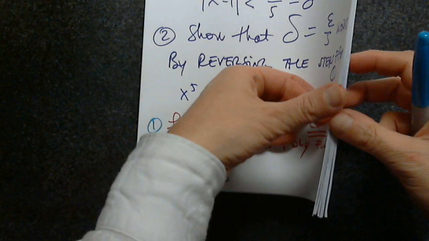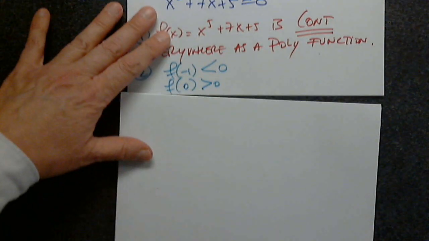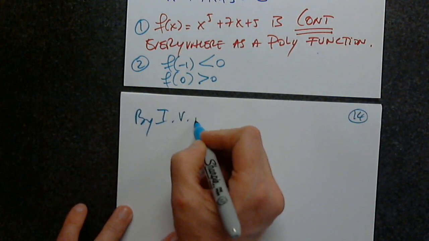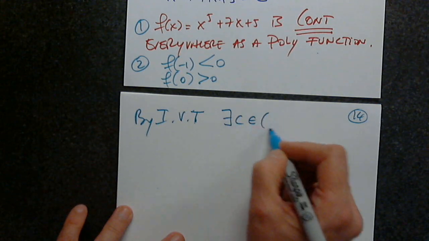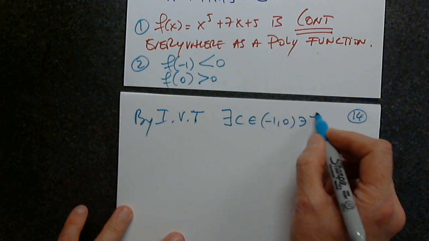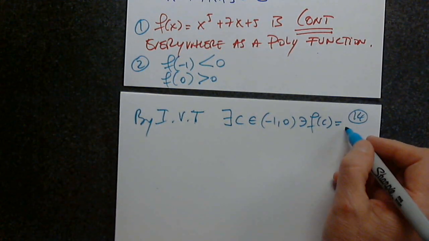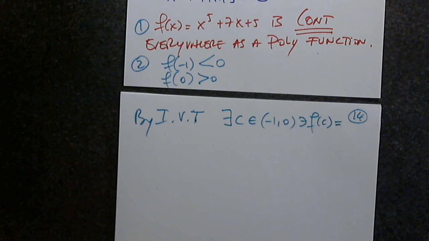Therefore, by IVT, there exists c in the open interval (-1, 0) such that f of c must be, for sure, equal to 0. In other words, c must be a solution, must be an x-intercept, must be a zero of this function.